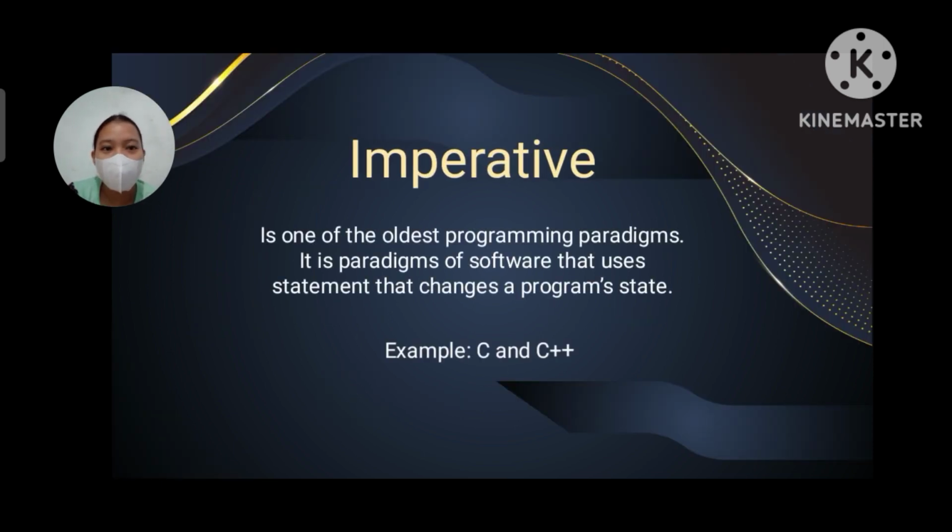Imperative is one of the oldest programming paradigms. It is a paradigm of software that uses statements that change a program state. One of the examples of the imperative programming paradigm is C and C++.